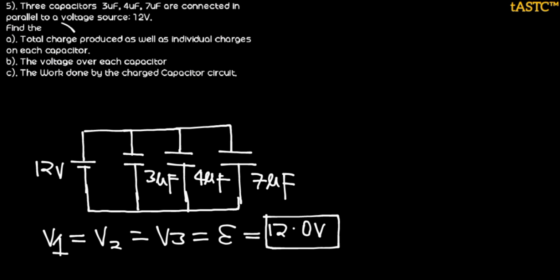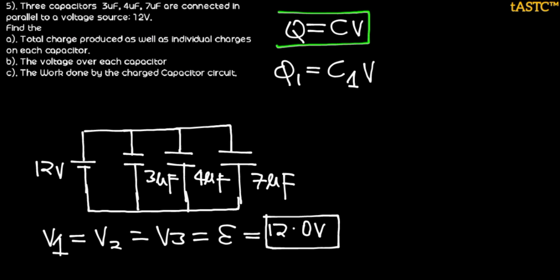And before we come to the total charge, we need to find the individual charges. Now the charges generated on each capacitor would actually be different. So in that case, we're going to have Q1, and that will be equal to C1 multiplied by V. We know that the general formula for the charge on a capacitor is the capacitance multiplied by the voltage or the potential difference.